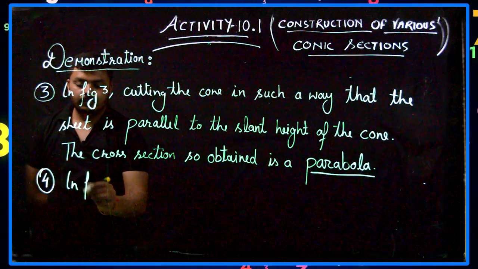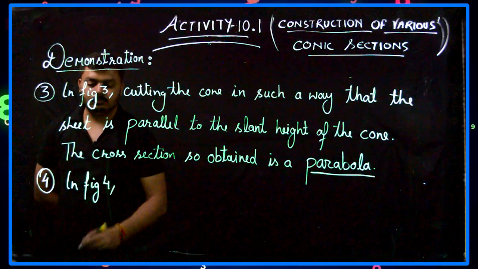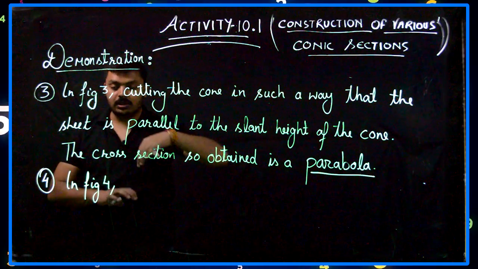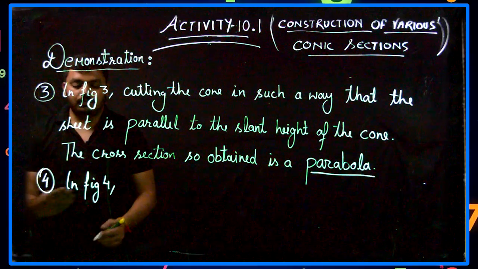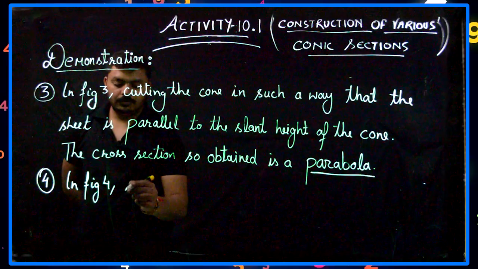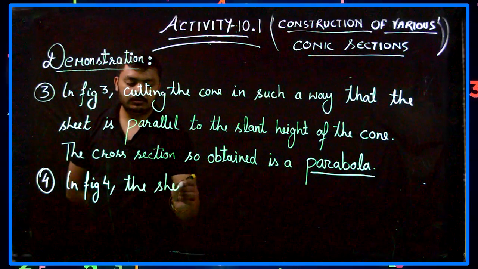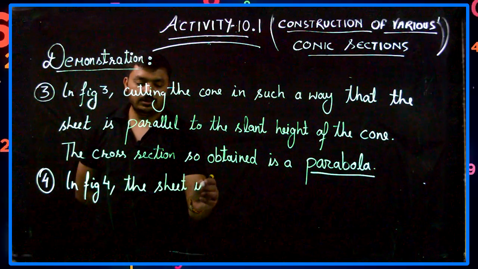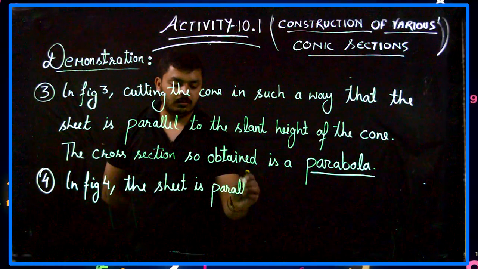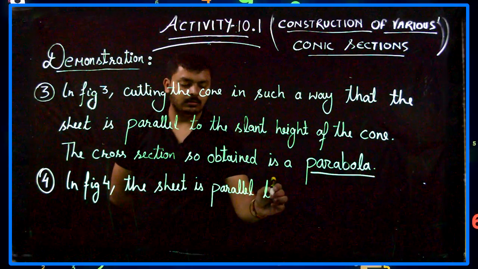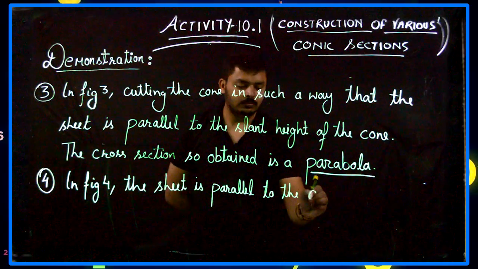In figure 4, that is when the two cones are inverted over each other, the sheet is parallel to the axis of the cone.